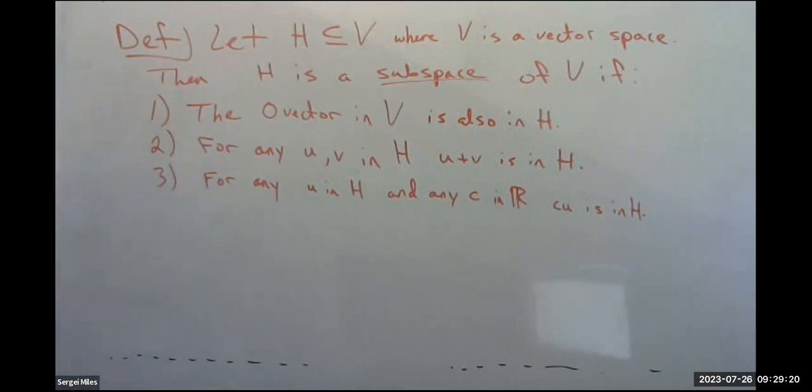But note, I only have these three things to check. I don't have to check the rest of those 10 things we just listed for a vector space. Why? Because H is a subset of V, and if V was a vector space, a lot of those properties also work for H automatically. So really, what do we have to check? One, that the zero vector is still in there. Two, that if I add things together, it stays in there. And three, that if I scale a vector, it's still in there.